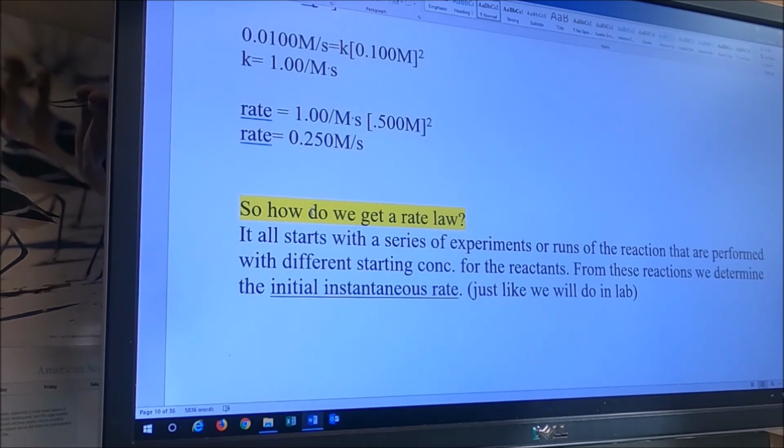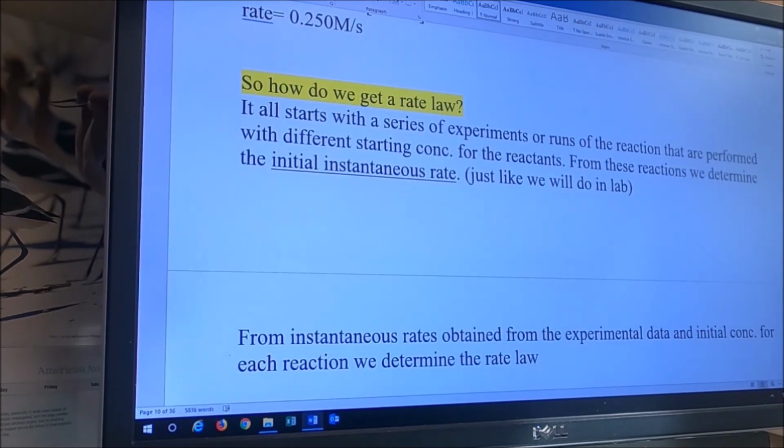Now, let's talk about how we get a rate law. Okay? It all starts with a series of experiments, or runs of a reaction, that are performed with different starting concentrations for the reactants. From these reactions, we determine initial instantaneous rates. Now, we're going to do this experiment in lab next Tuesday, next time we meet, and we're going to be getting instantaneous initial rates.